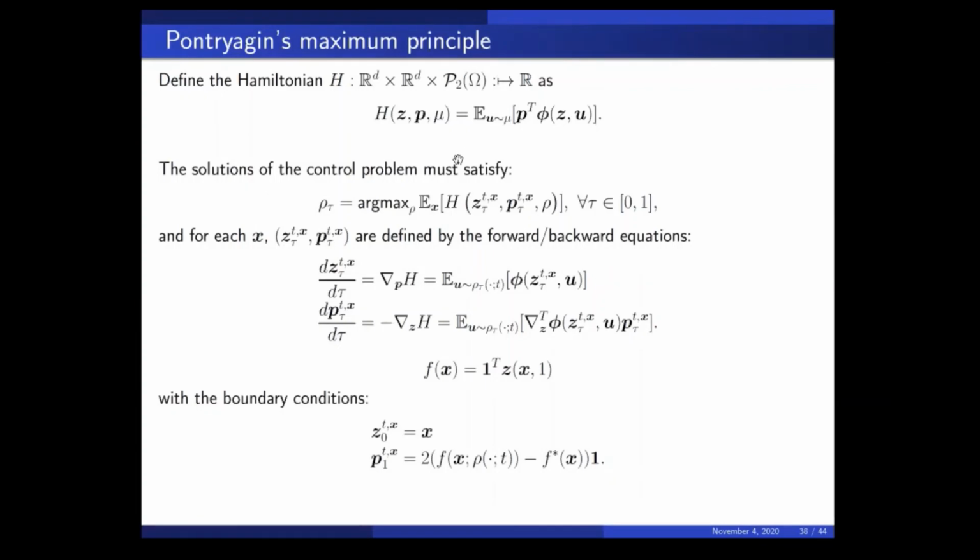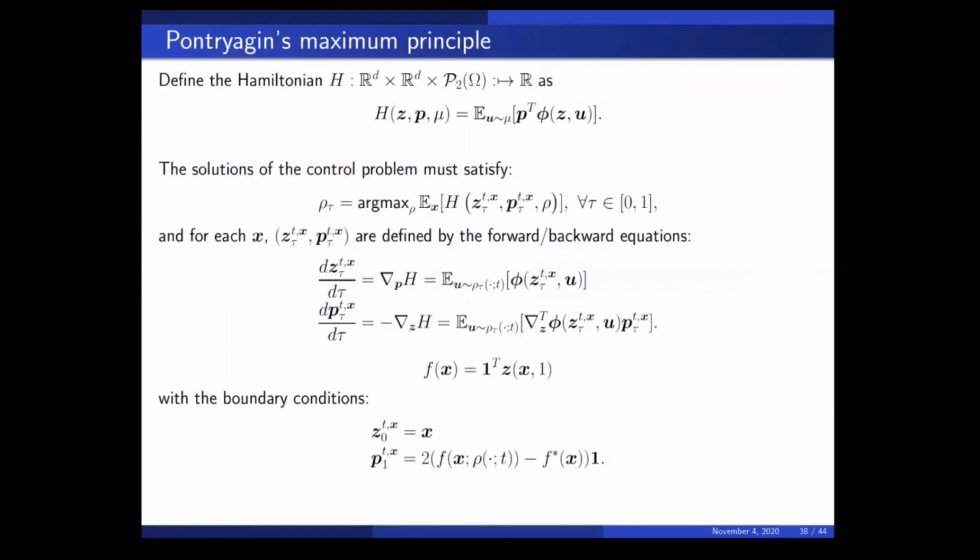Then the Pontryagin maximum principle claims that the optimal parameter at each time tau is the maximizer of this expected Hamiltonian, where z and p are the states and co-states defined by the forward and backward equations with this kind of boundary condition. So this is the Pontryagin maximum principle formulated in this particular context.